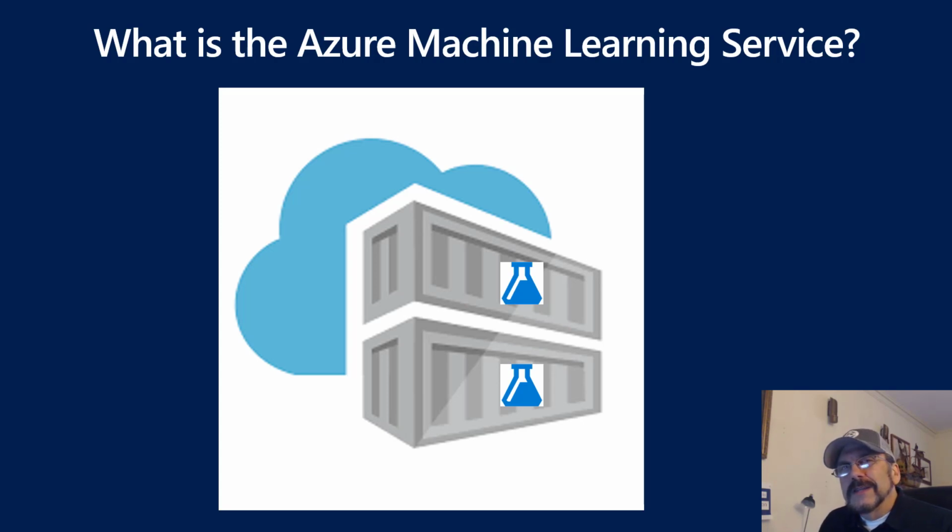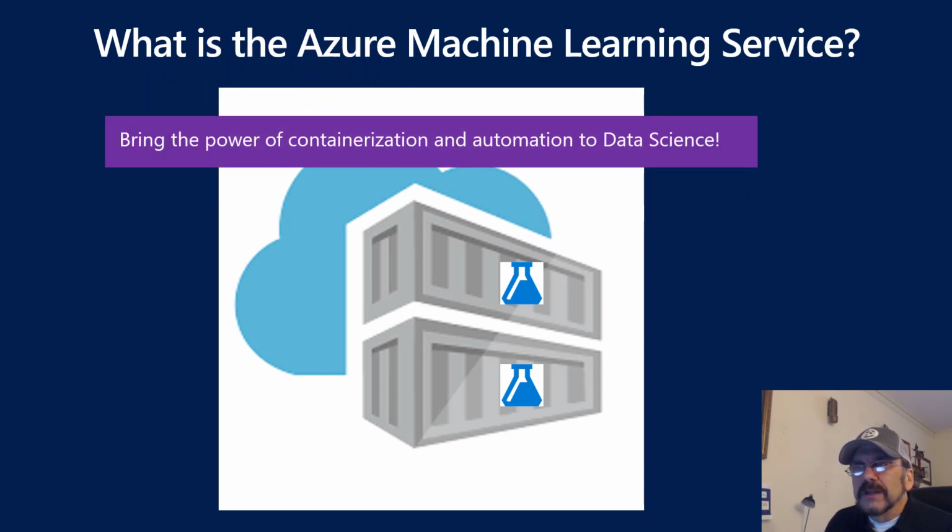I want to get one key takeaway, and this is not something obvious when you first start to look at the Azure Machine Learning Service. At its core, what is the key to what technology is being leveraged here? Ultimately, we're bringing the power of containerization and automation to data science. So if you've heard of things like Docker and Docker containers and Kubernetes and all these things, that's what we're talking about here.